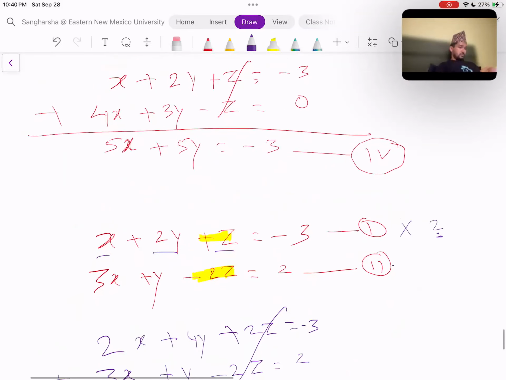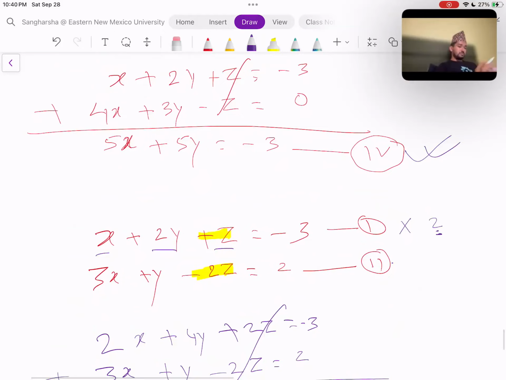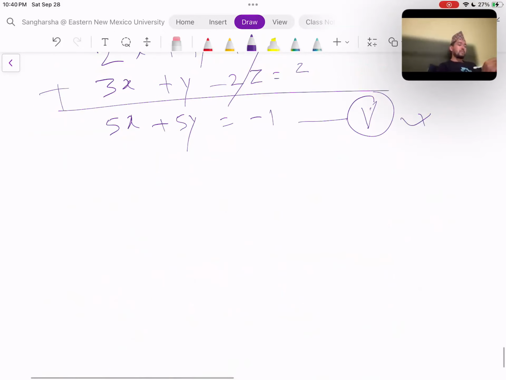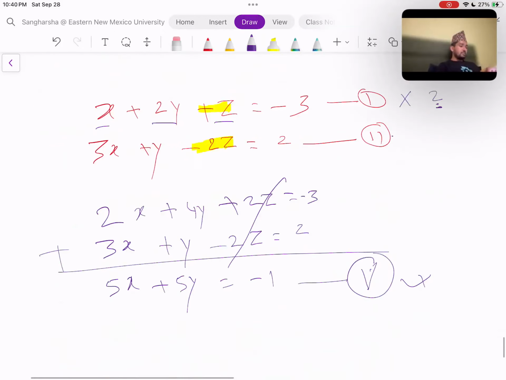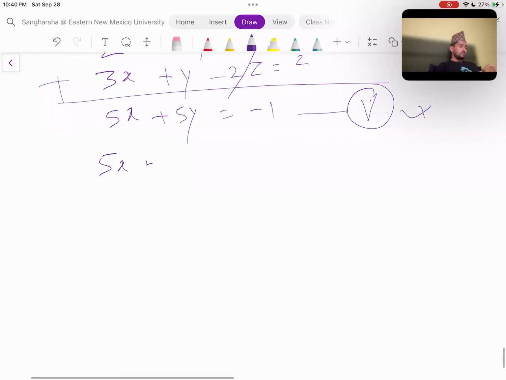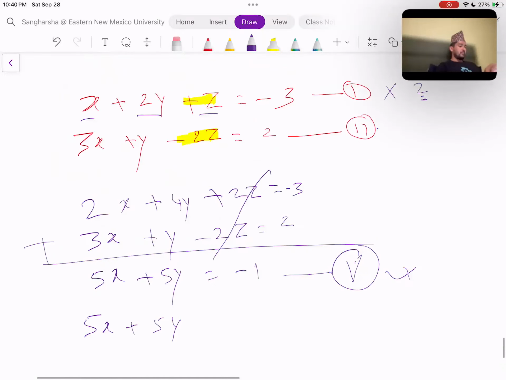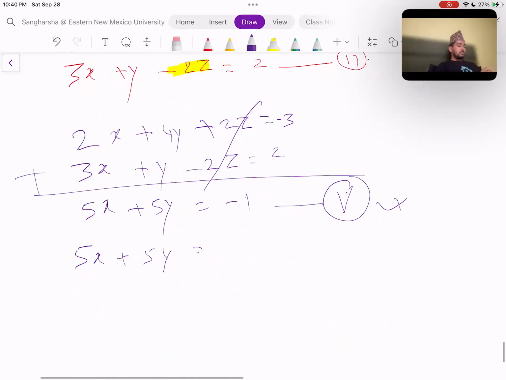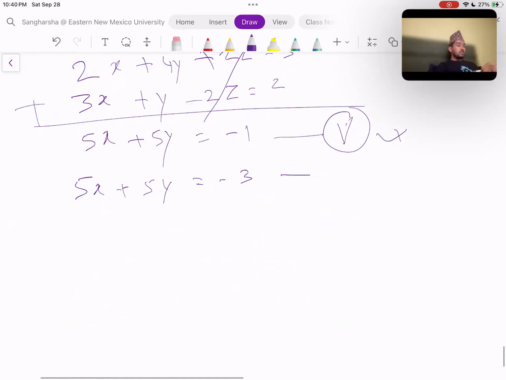Now you're going to solve equations 4 and 5. Equation 4 is 5x plus 5y equals negative 3. Now you are using equations 4 and 5 and solving for x and y, and you're going to use elimination.